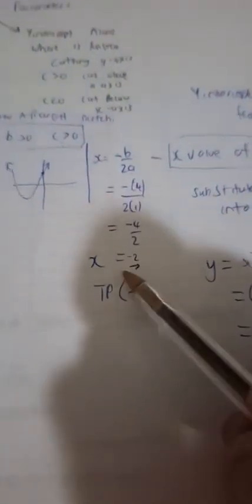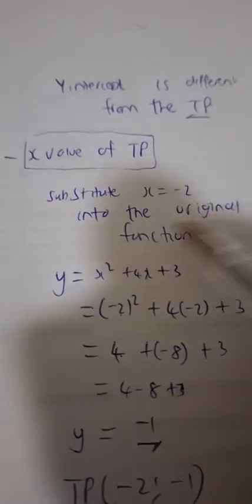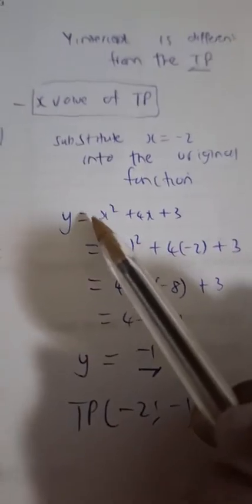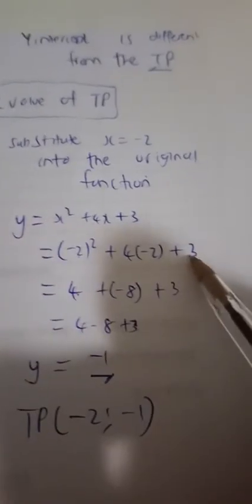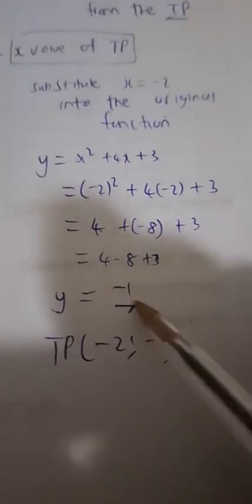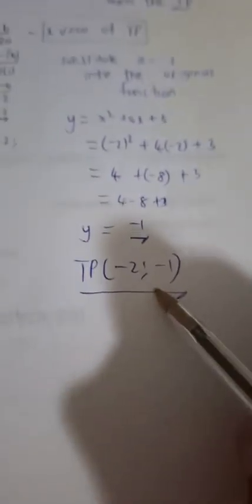That is the x value of the turning point. To then get the y value, we substitute x is equal to -2 into the original function. We get y is equal to -1. So that means our turning point is -2 and -1.